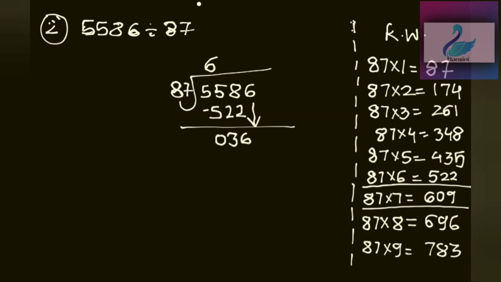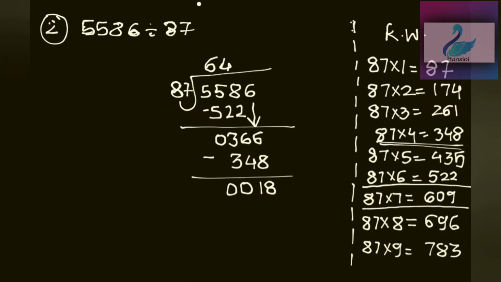Now I will take down the 6 and I get the value as 366. Now search for 366, it's not there. But 87 fours is 348, which is less than 366. So in the quotient's place we will write 4 and we will subtract 348 from 366.